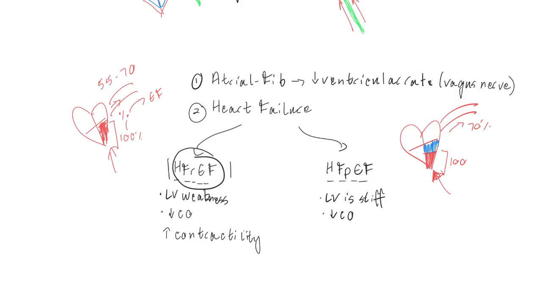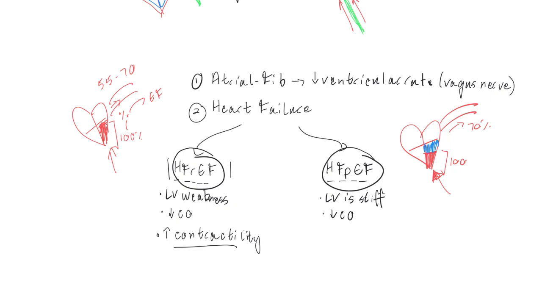If you gave digoxin to somebody with heart failure with preserved ejection fraction, you have a left ventricle that couldn't fill up properly, you wouldn't really be getting any benefit because the ejection fraction is still normal. In preserved ejection fraction, the stroke volume is limited by filling, not by squeezing. So it's not really going to help, and it could actually cause harm because you're going to have an increased oxygen demand. In both of them, you're going to have an increased oxygen demand with increased contractility, but we need it for the heart failure with reduced ejection fraction.